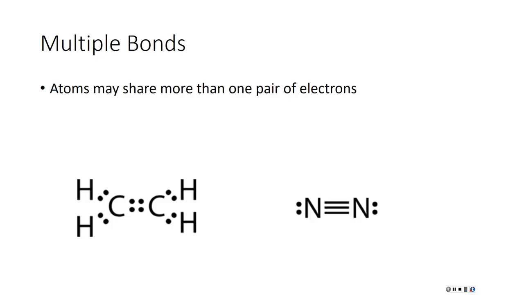So if I have carbon, and then let's make my life easier and do H's on each side, I could redraw this as just a C and then dashes to the H's.